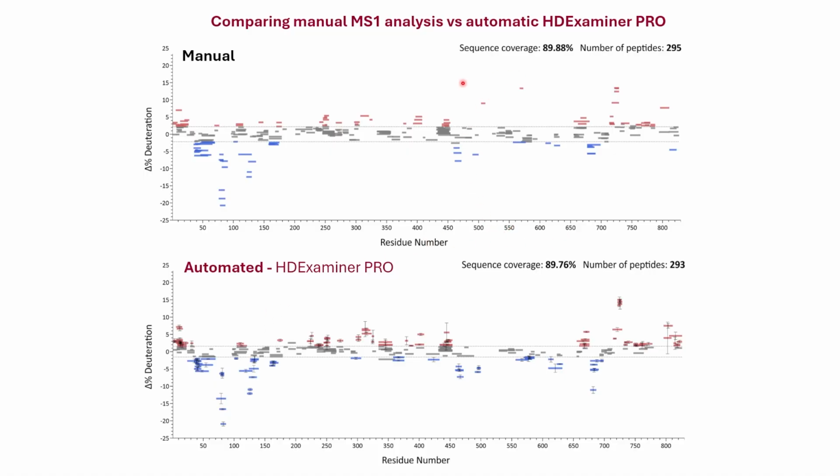You might see some differences, and some major differences are that there are a few peptides missing from the manual analysis mode. Upon closer inspection, it turns out that these peptides were misidentifications in the initial DDA experiment. So in DIA mode, they were not able to produce the expected amount of fragments to be able to verify their deuteration. And so in this mode, they were completely eliminated from analysis.